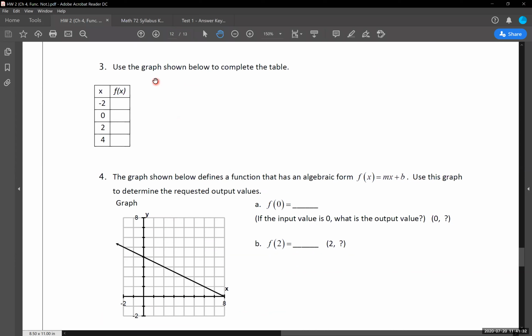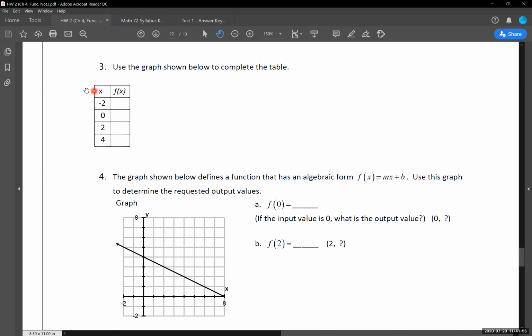For number 3, we're told to use the graph shown below to complete the table. We're given x values and f of x values, and this is the graph we are going to be referencing. Once again, determine what your input values are and what your output values are.